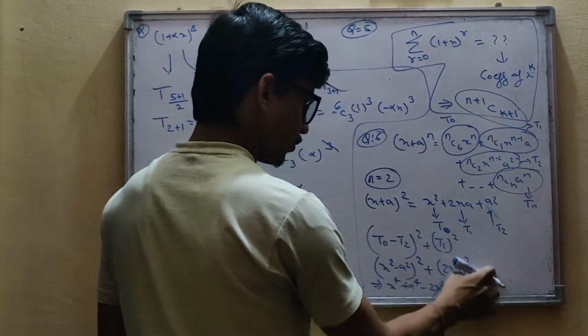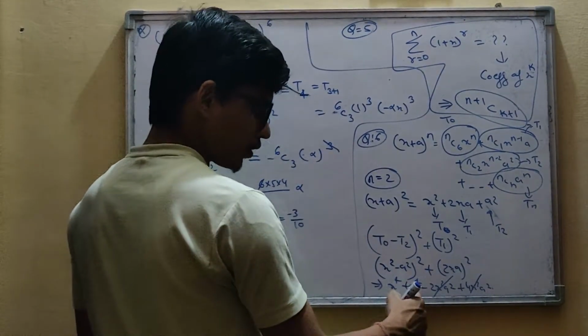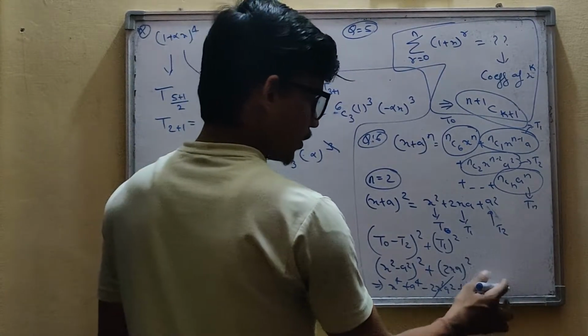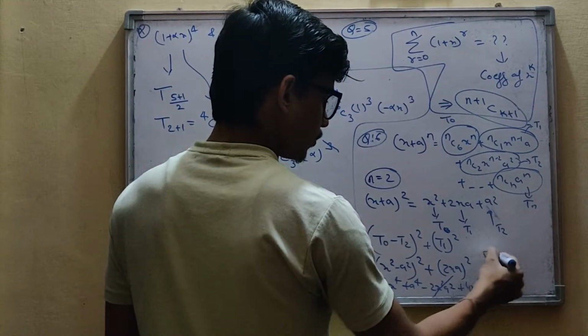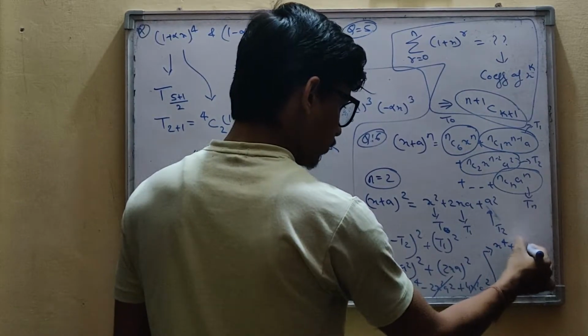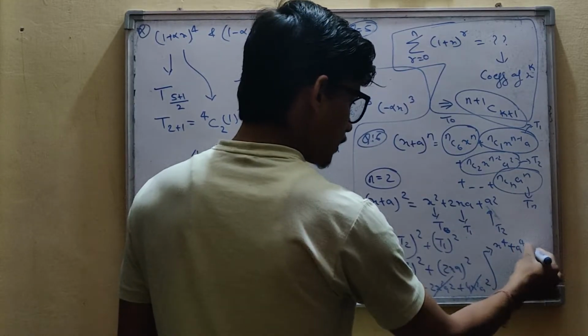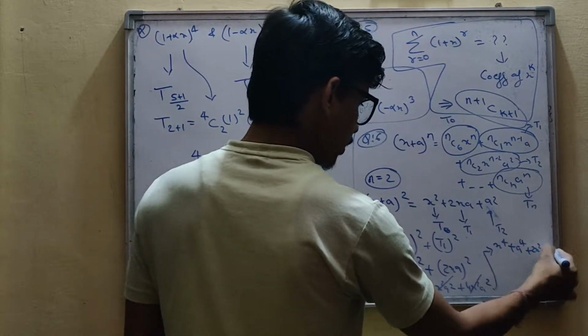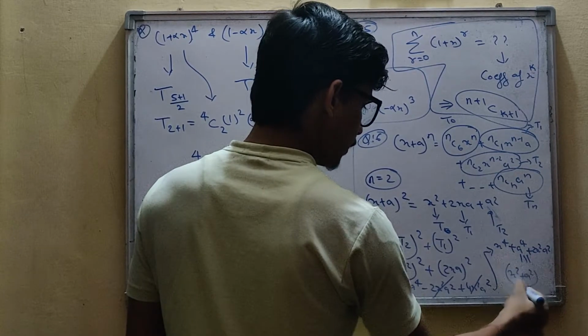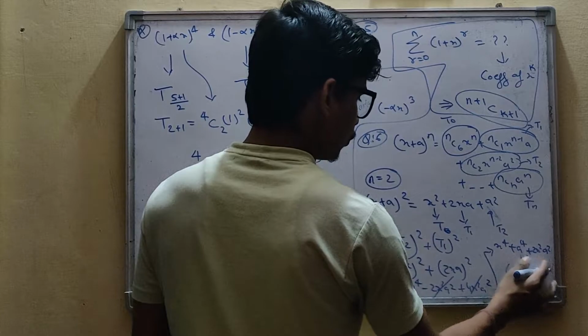So I am reading it for you. x to the power 4 plus a to the power 4 minus 2x square a square, and here it is going to be 4x square a square. So from here it is going to be x to the power 4 plus a to the power 4 plus 2x square a square, which is equivalent to x square plus a square to the power 2, right?